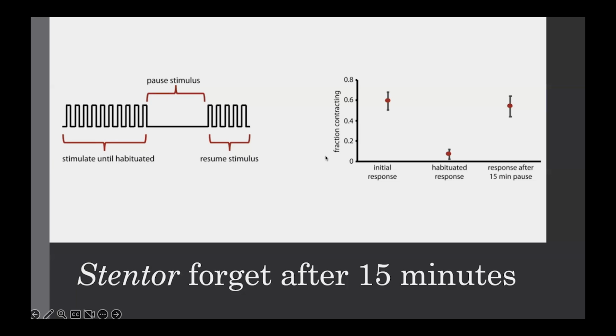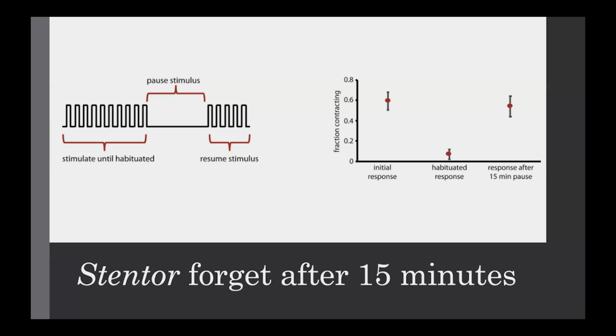Again, this is population level data. And on the x-axis, we have the different stages of the experiment. In the initial response, most of the cells contract, 60% of them. Once they've habituated, almost none of them are contracting anymore. But after a 15-minute pause, they resume their initial contraction probability.